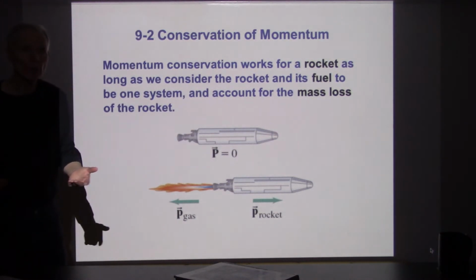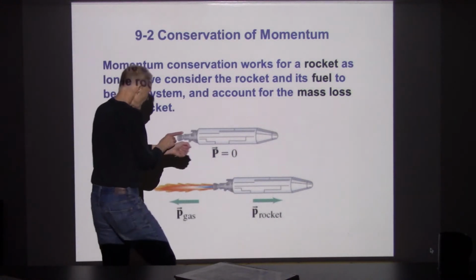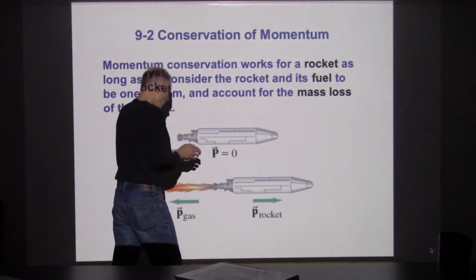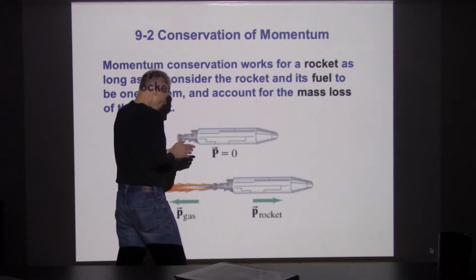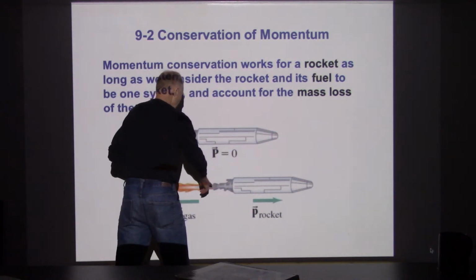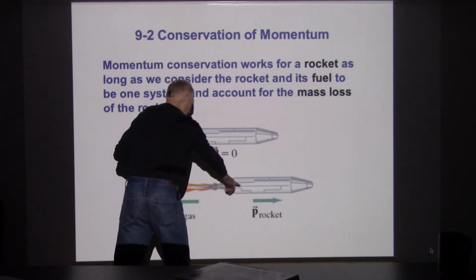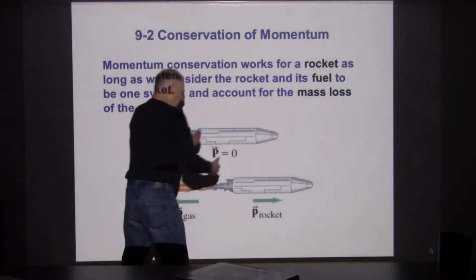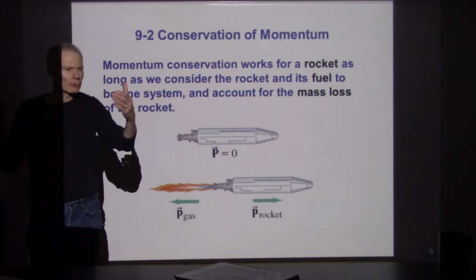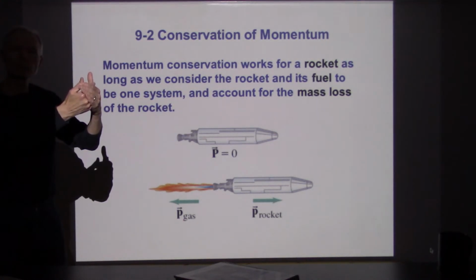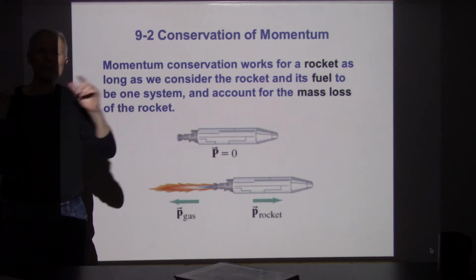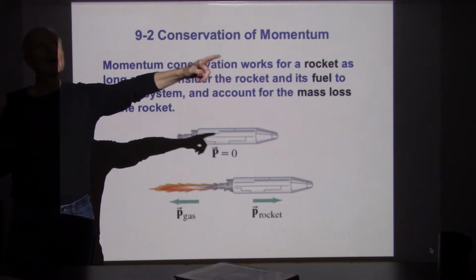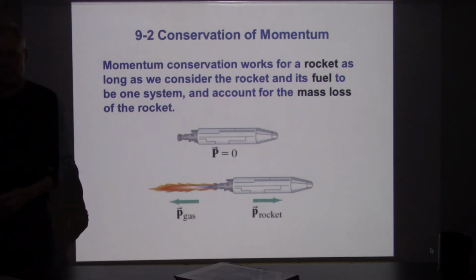Momentum's conserved, and so these two objects are pushing away from each other. The rocket is being pushed forward by the collisions with these gas molecules, and the gas molecules are being pushed back by the front of the combustion chamber. So the gas molecules hit the front of the combustion chamber, bounce backwards, and the combustion chamber and the rocket move forward.